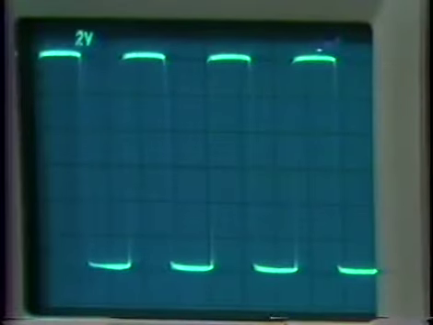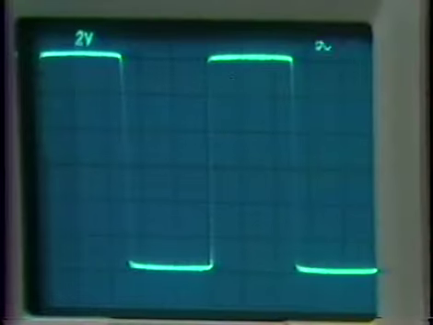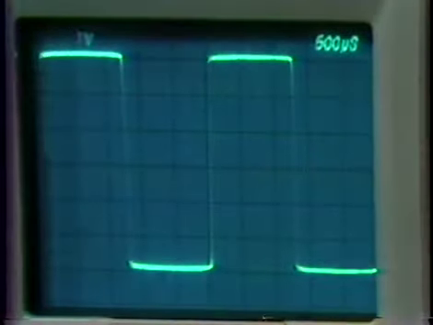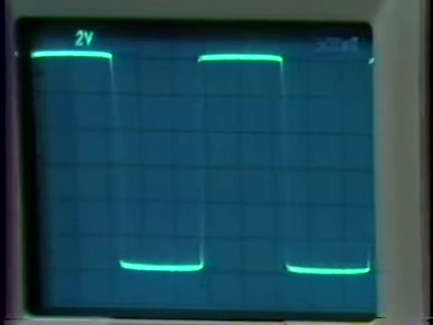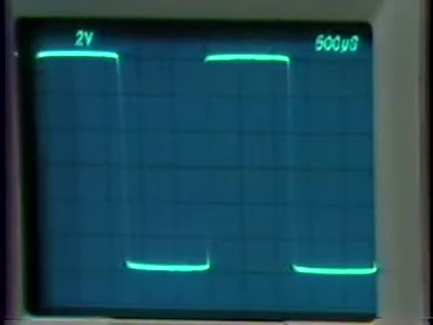We can check our describing function prediction. The prediction says that we should oscillate at the lower frequency at about 390 hertz. If we look at the picture, we note that we're at 500 microseconds per division now.